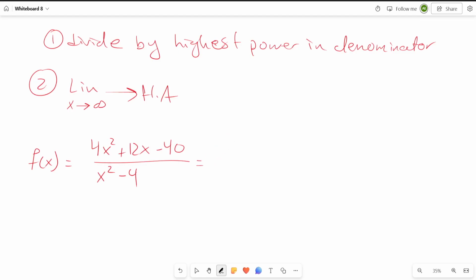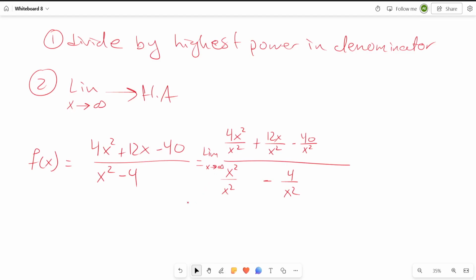So this is going to equal 4x squared over x squared plus 12x over x squared minus 40 over x squared, everything over x squared divided by x squared minus 4 over x squared. And we're going to take the limit as x approaches infinity.